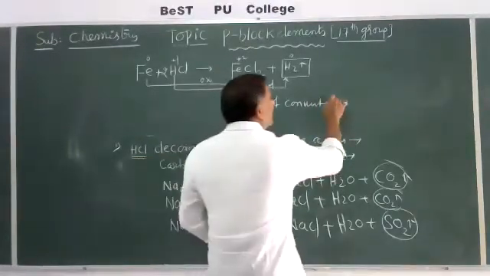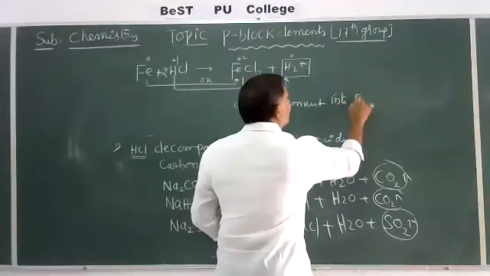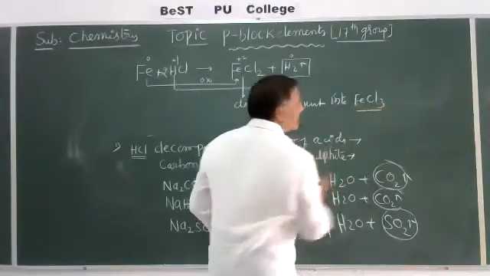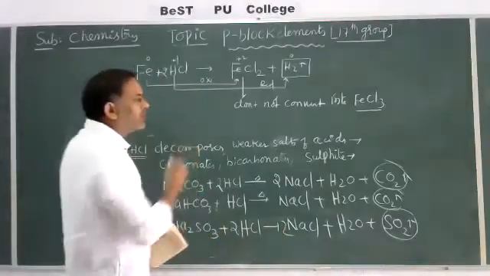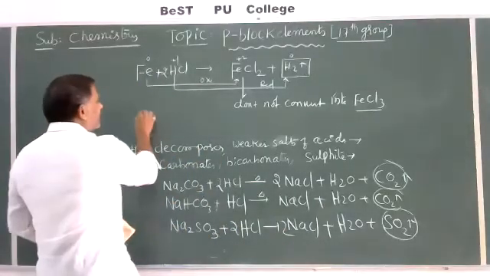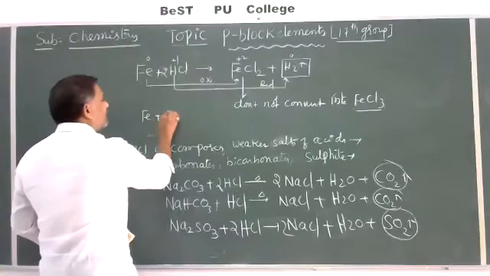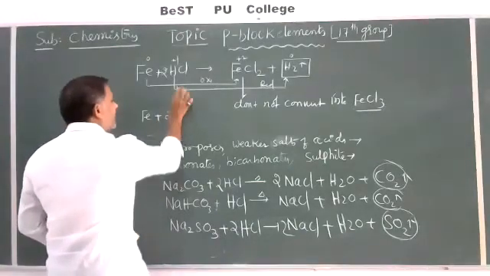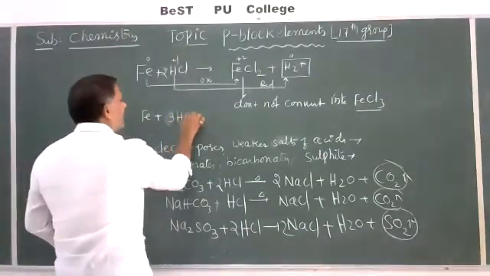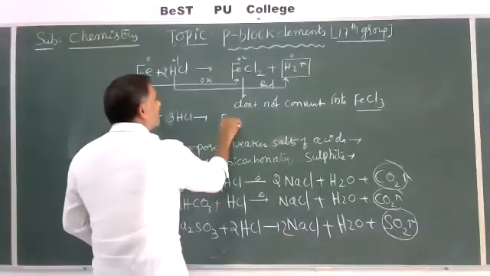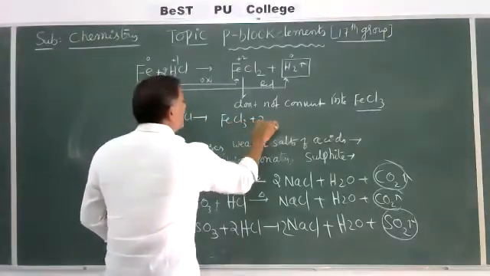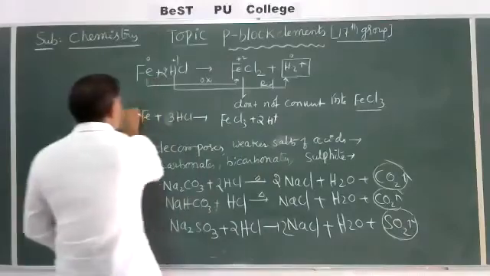convert into FeCl3. Do not convert into FeCl3 means Fe does not react with 3HCl to give FeCl3 plus hydrogen.